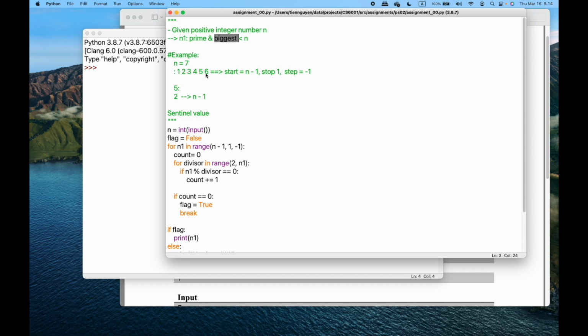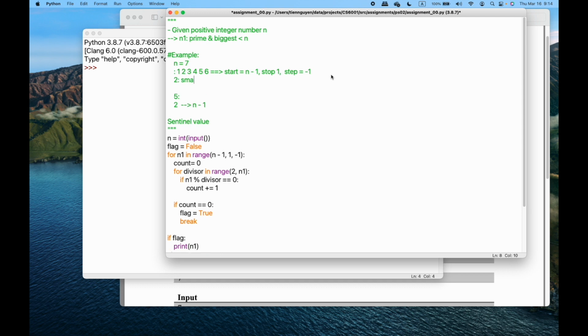So we start at n minus 1 and stop at 1. But keep in mind, stopping at 1 actually means we stop at 2, because 2 is the smallest prime number, so we don't need to scan the number 1 here. That's it. The idea is so easy. I hope you can capture the idea to solve this problem.